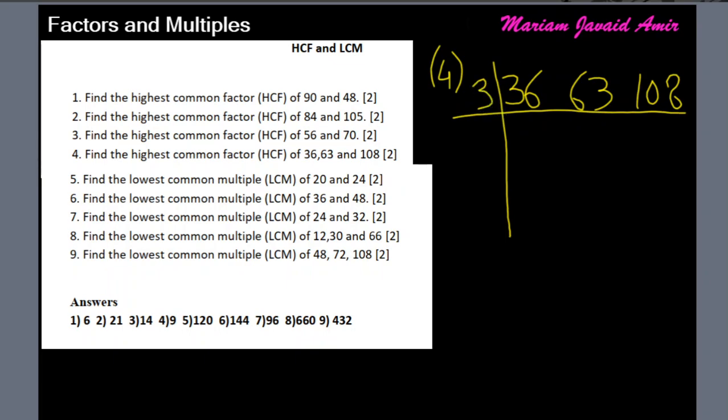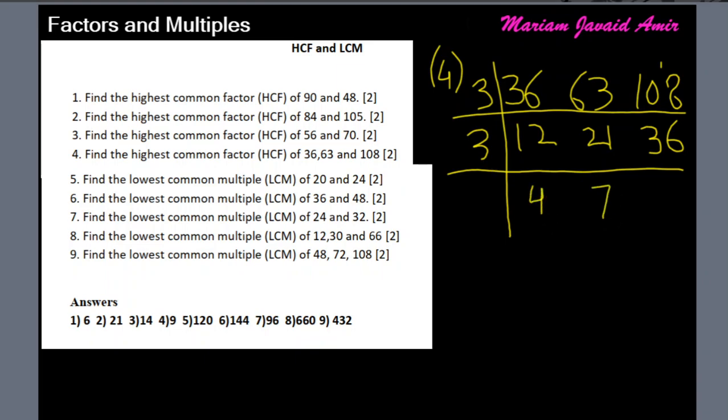So let's start with 3. 3 12s are 36, 3 21s are 63, and 3 3s are 9, and then 1 goes to 8 and it becomes 18, and 3 6s are 18. Again all of these are divisible by 3. So 3 4s are 12, 3 7s are 21, 3 12s are 36. And next we can't find any number that divides 4, 7 and 12 together, so the answer is 3 times 3, which is 9.